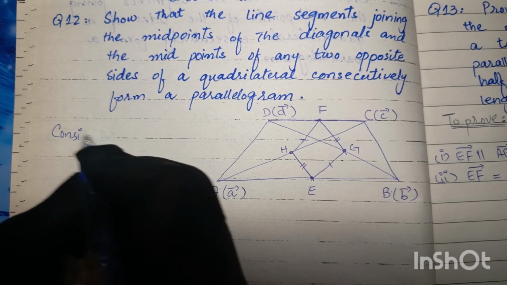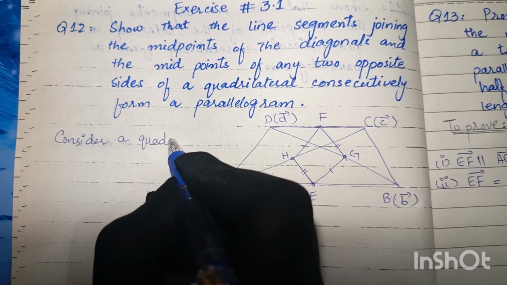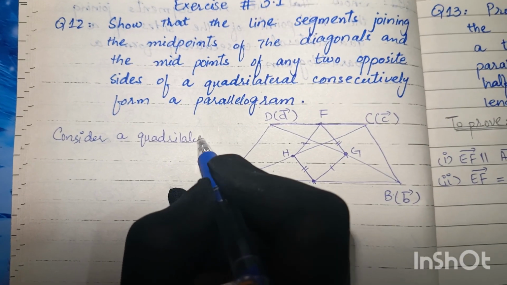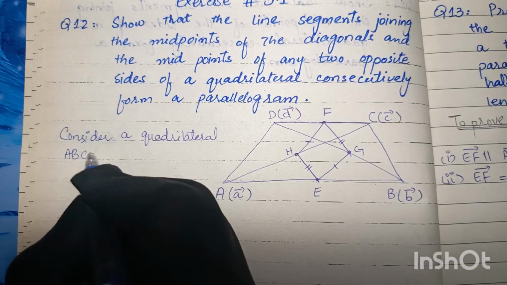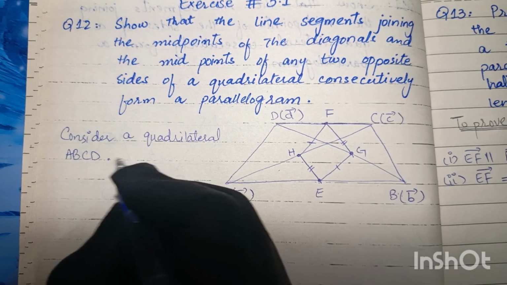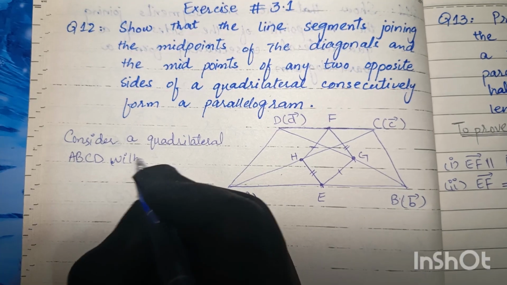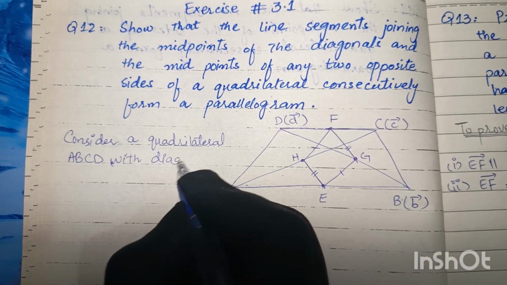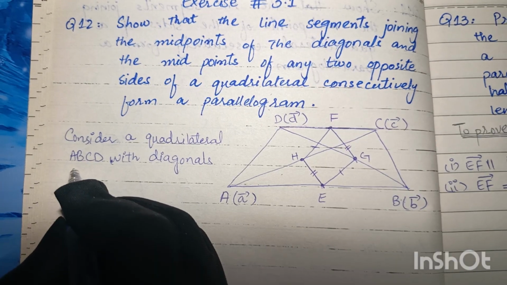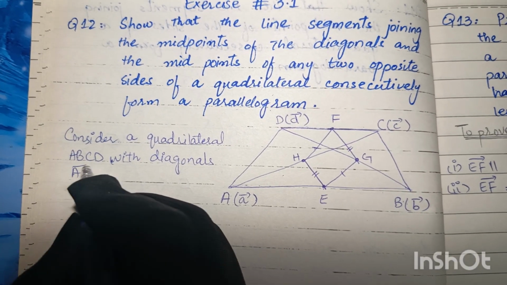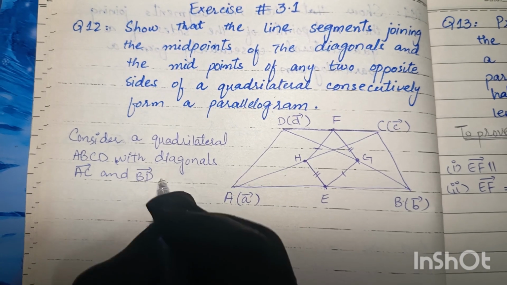Consider a quadrilateral A, B, C, D with diagonals AC and BD.